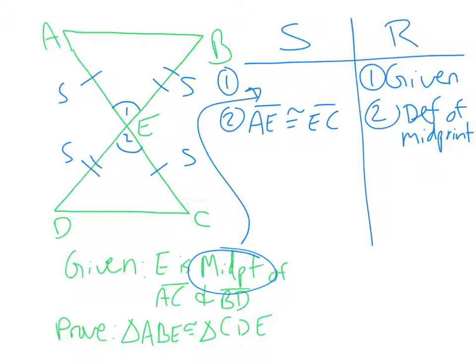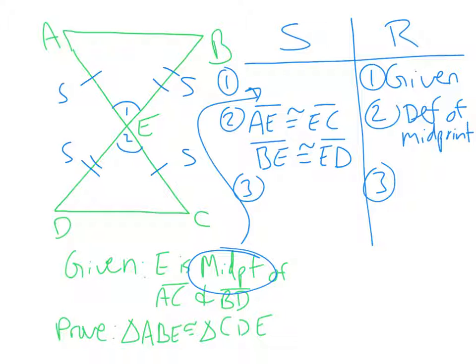Now, aren't BE and ED congruent for the same reason? Absolutely. So we can actually keep that all in one step, and that saves us a little time in writing definition of midpoint again. Just put it all into one step. Since BE and ED are congruent by definition of midpoint, AE and EC are congruent by definition of midpoint, they can be combined into one.